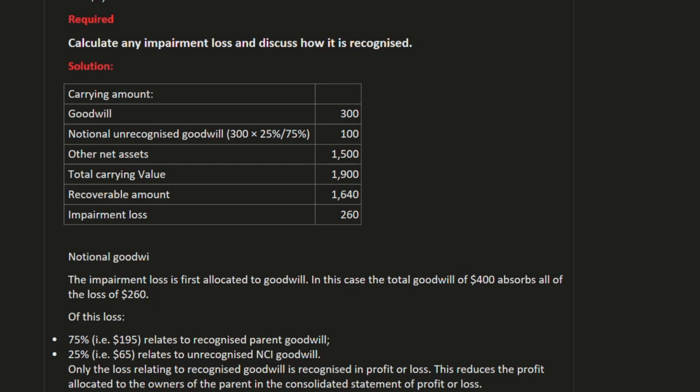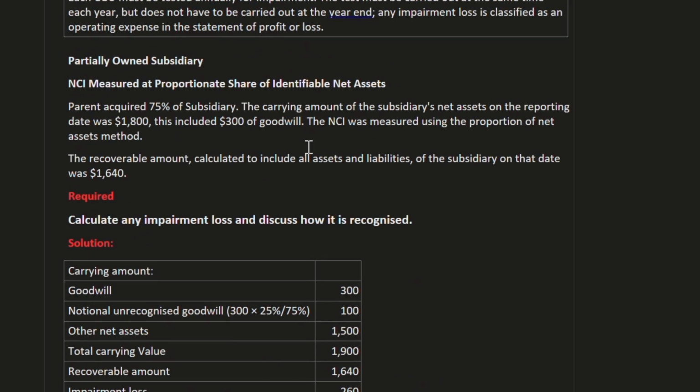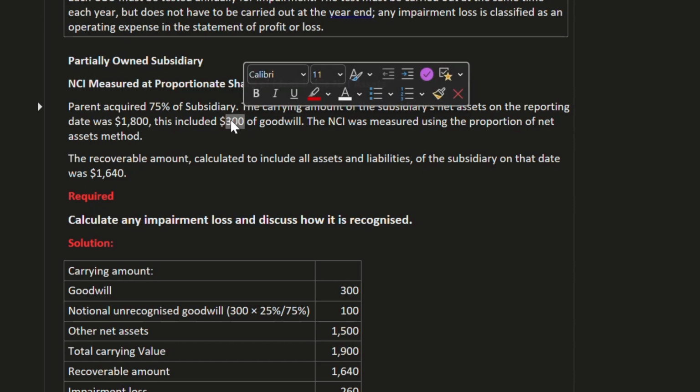Notional goodwill: here we need to mention the value of the goodwill which is given. One thing to always understand: the value 300 of goodwill that is given belongs to the parent only.